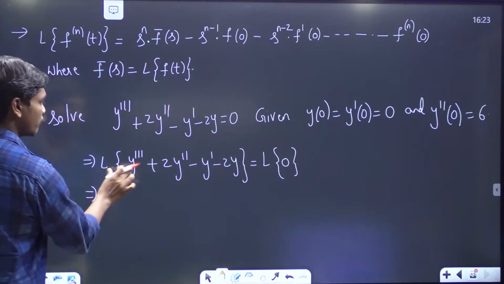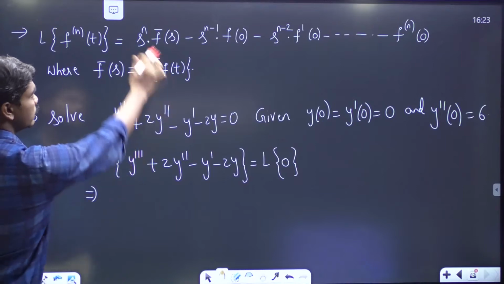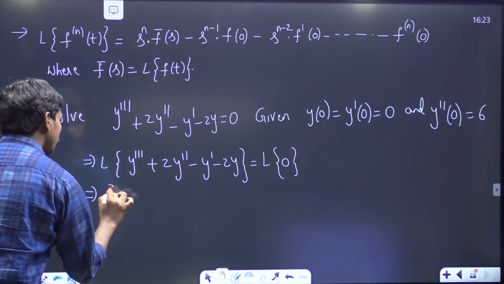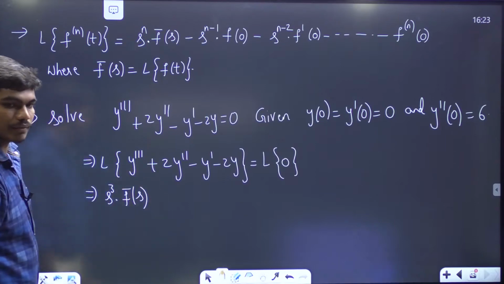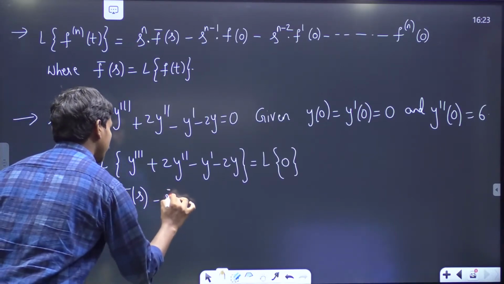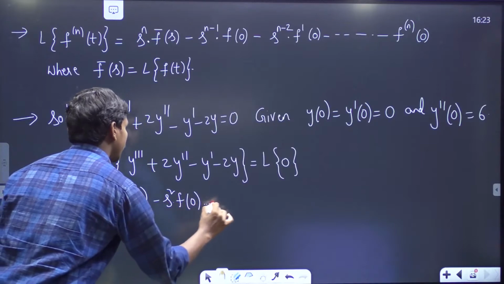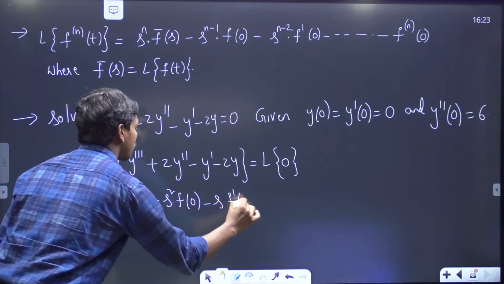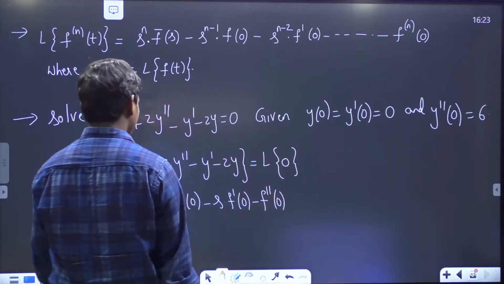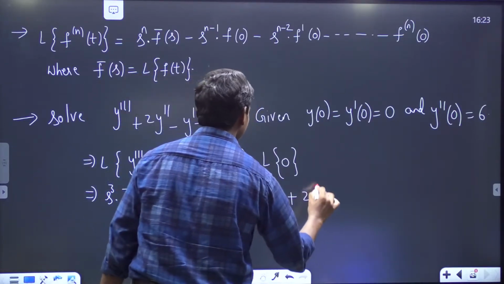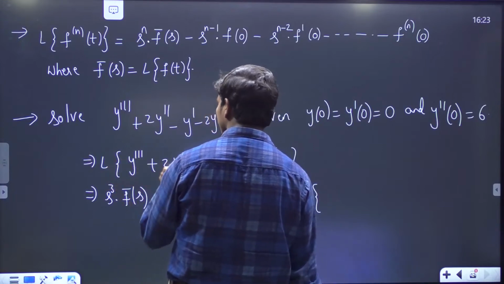Laplace of this function y triple dash is, if you see, s cube into f bar of s minus s square into f of 0 minus s into f dash of 0 minus f double dash of 0, plus 2 times Laplace of y double dash.